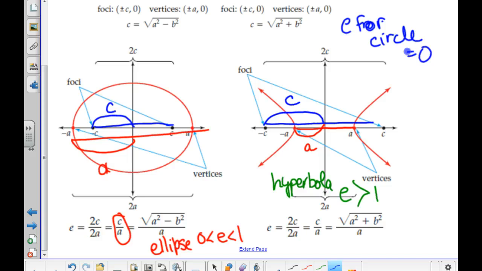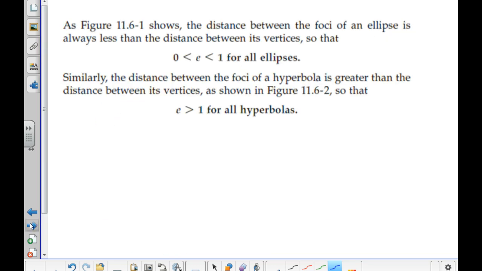They're right on top of each other. The issue with a parabola is that, do we even have 2 foci or 2 vertices? No. Well, look at these down here. What do you think it might be for a parabola? Exactly 1. Parabola, by definition, has an eccentricity of exactly 1.